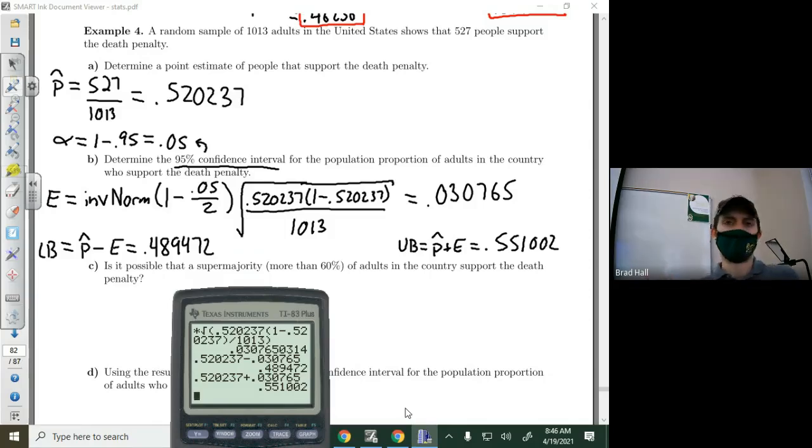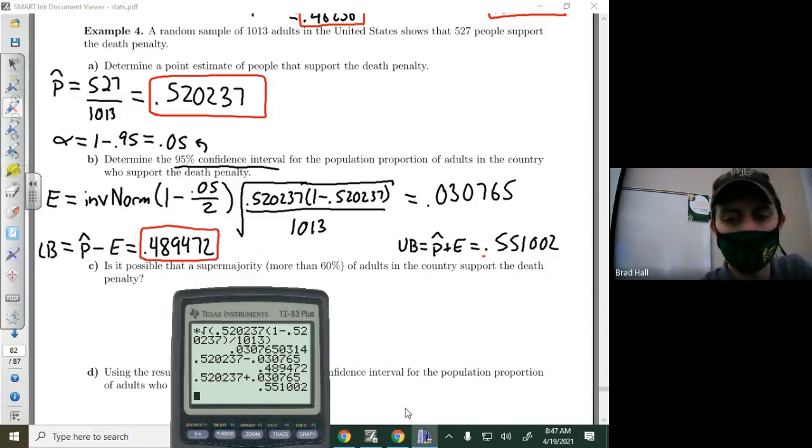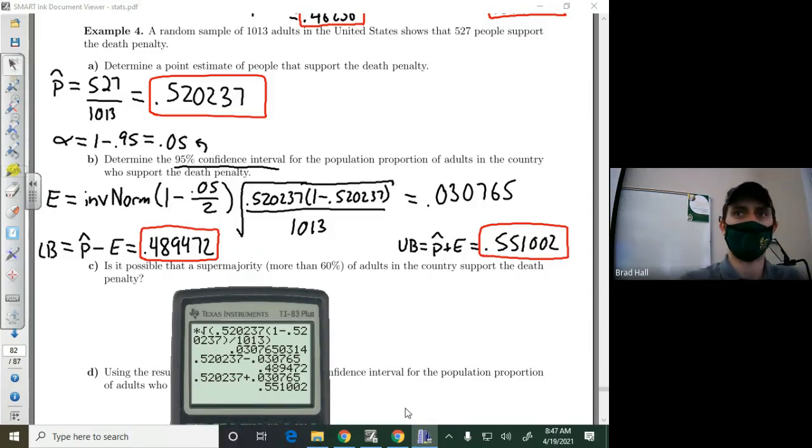So 6 decimal places leading up to the final answer, and then maybe 4 at the end, or however many it asks for. I feel like that should be fine. So there's part A, and then part B really has 2 parts to it technically, the lower bound and the upper bound. So that's part B.